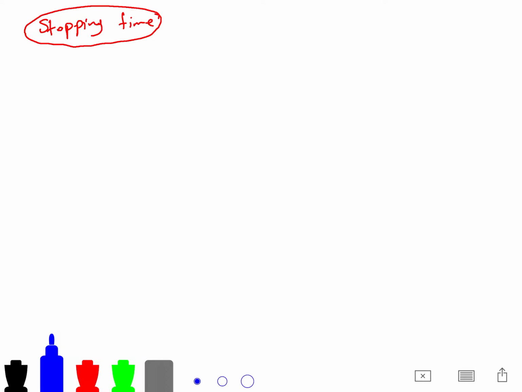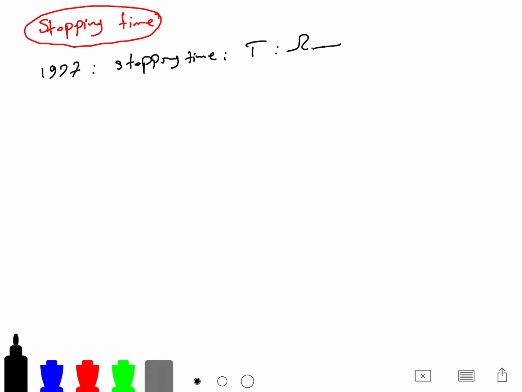And I found a definition of that in the book of Norris from 1997. Very interesting book. So the definition is like this. You have a random variable T from Omega, your state space, to {0, 1, 2, 3, ...} and also infinity.